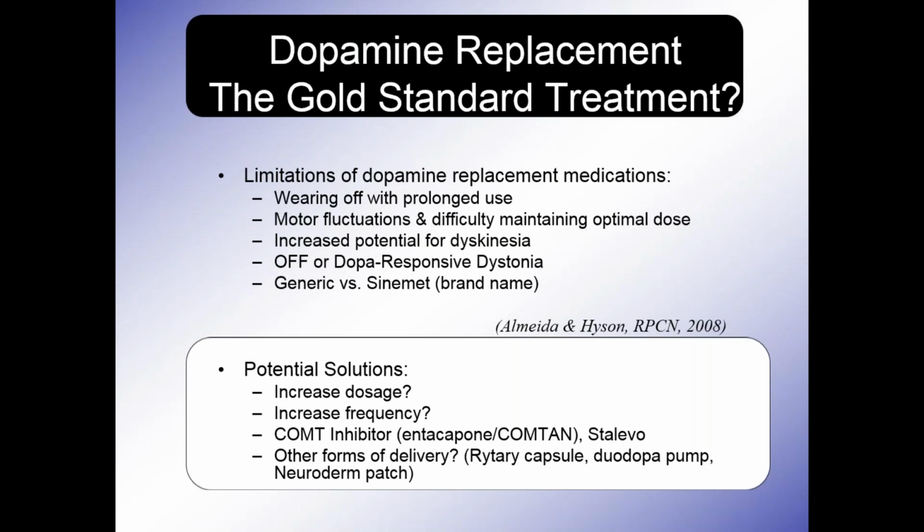There are some drawbacks, of course, to having a tube attached to your gut at all times. But when people are dealing with motor fluctuations and sudden off times, this does end up being a pretty useful solution. And as I mentioned, in some cases, there are things like a patch that can deliver constantly the medication through the skin.